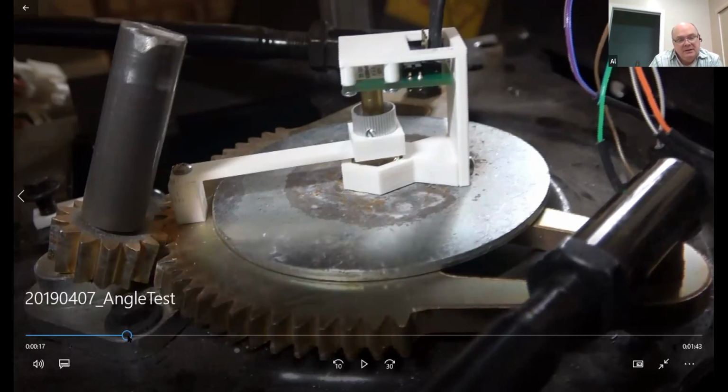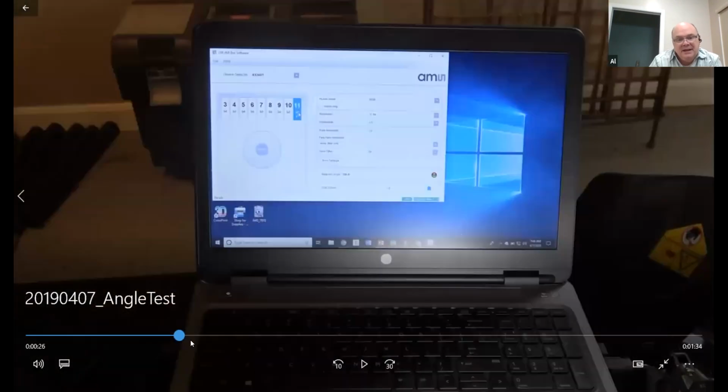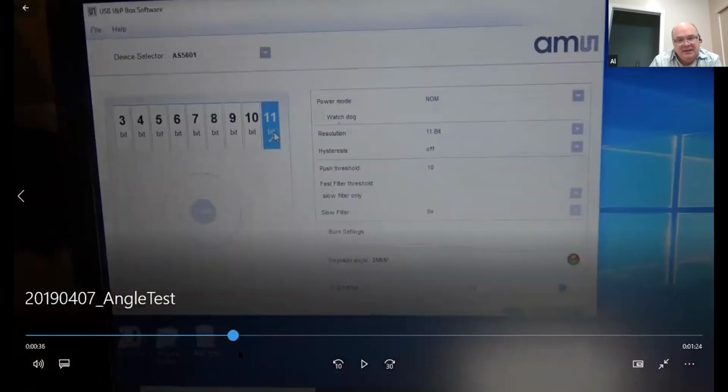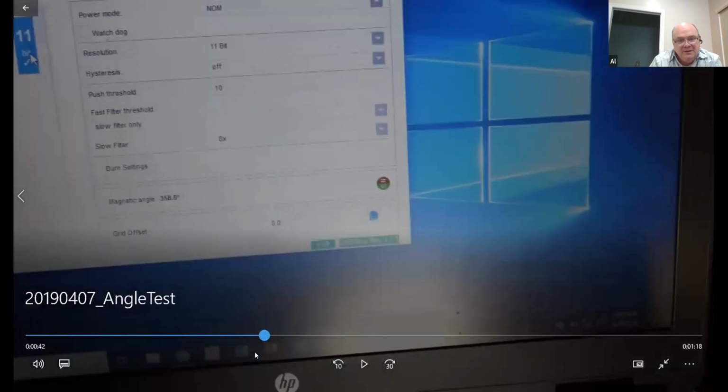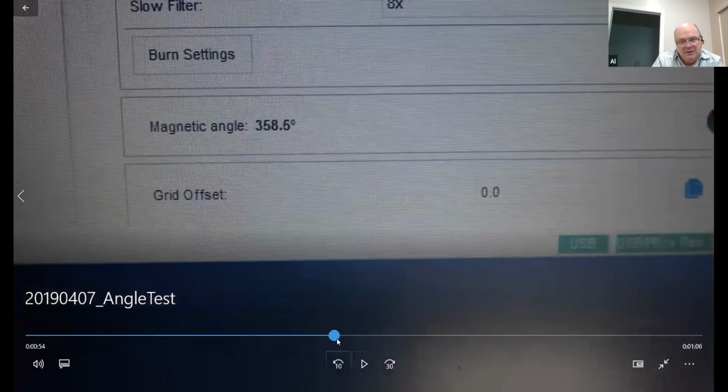And in a very crude test, and again, this is the OEM software that is provided, at one extreme it's 360 degrees, and at the other extreme it's like 51 degrees, I think.